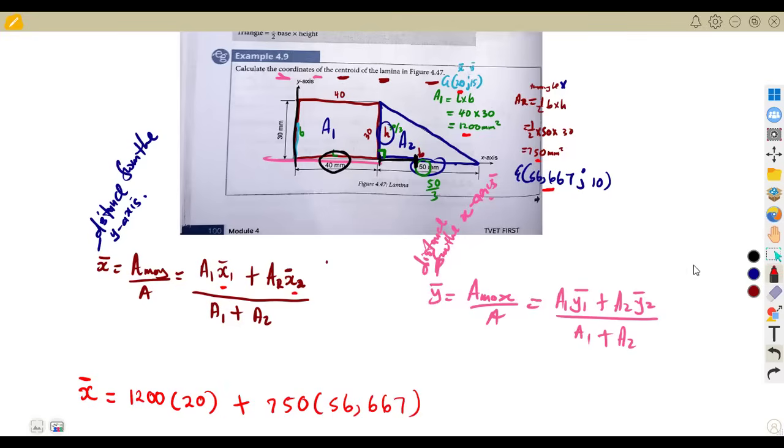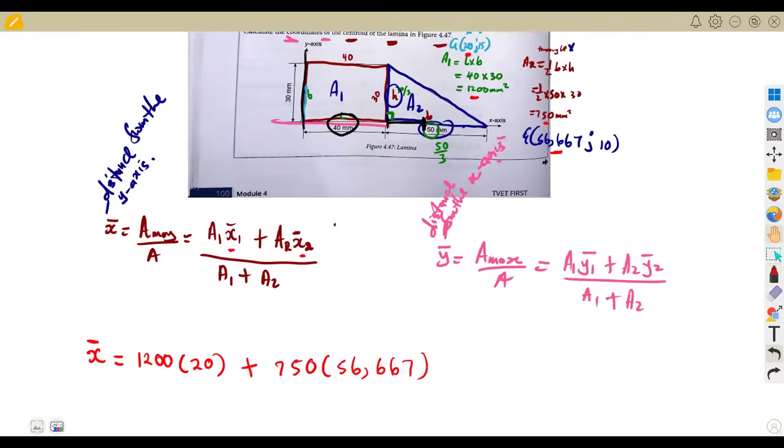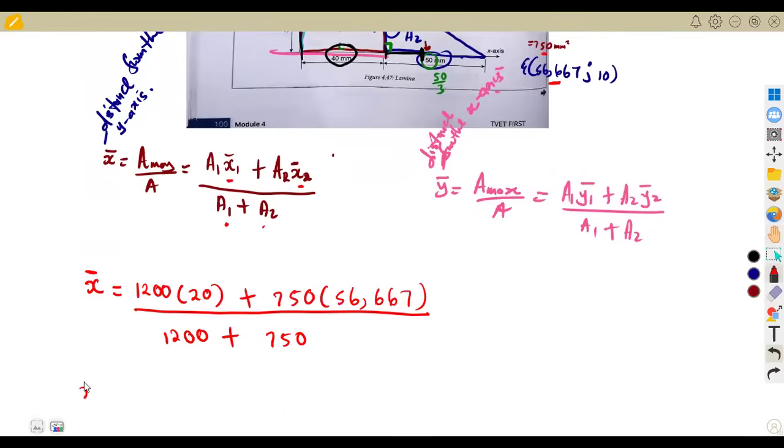So this is what we are having, everything over the total area, A1 plus A2, that is 1,200 plus 750. By combining this, we are obtaining the x value, which is the distance from the y-axis. And that was going to give us something like 34.103 millimeters.